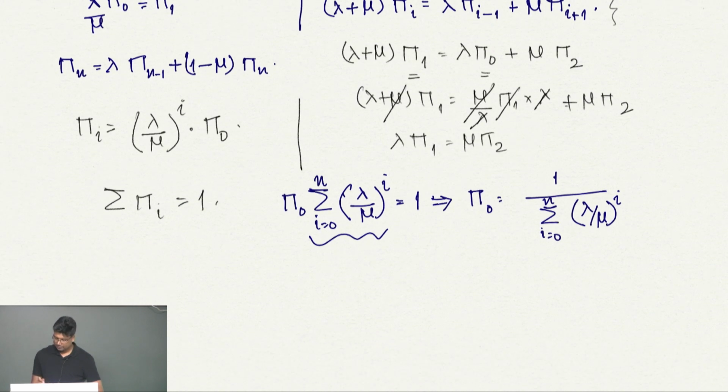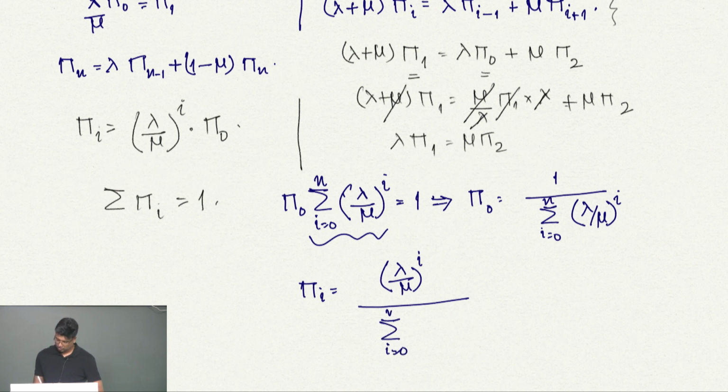So in particular, this gives us that pi i is nothing but lambda by mu to the i divided by the summation, where I'll just use a different index. So you happy with this?